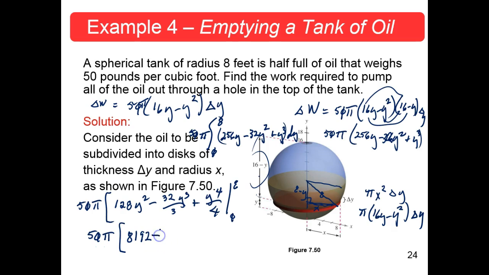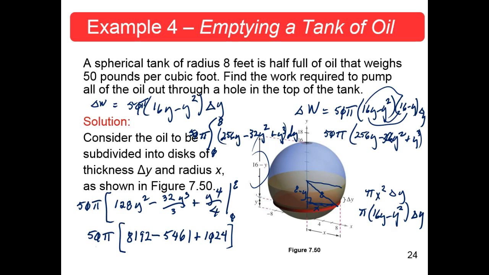Yes. Minus, okay, 8 cubed times 32, take that number and divide by 3. 5,461, we'll round. Plus 8 to the 4th power divided by 4, that'll be a nice round number. 1,024. Okay. All right.